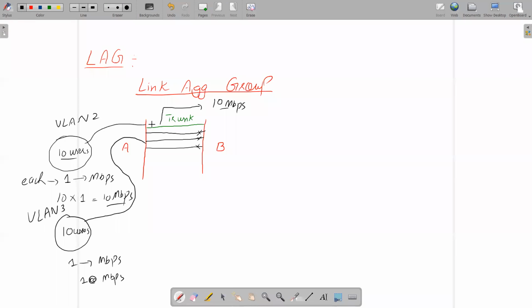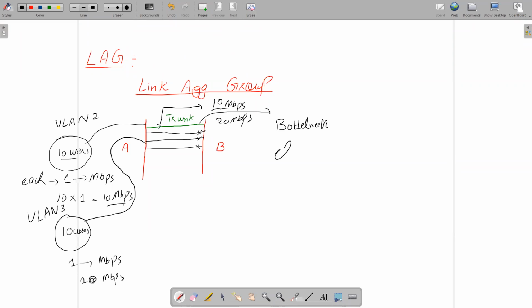And now the total volume of the traffic which has to pass through this trunk would be 20 megabit per second. But the link carrying capacity is 10 megabit per second. Under this situation, this is what we call a bottleneck.